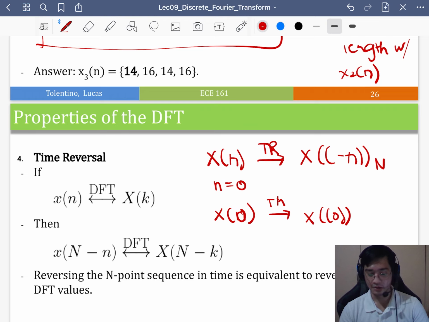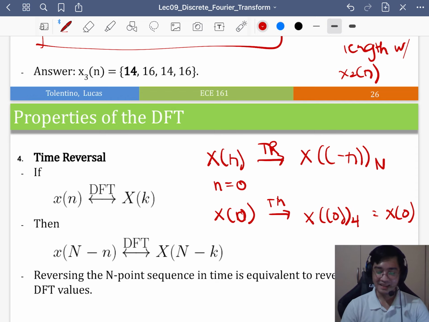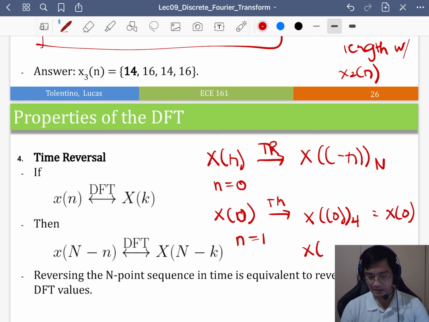Let's say N is 4, since we are familiar with the number 4 from the previous example. So x of 0 is the original. What if n is equal to 1? What is x of negative 1 modulo 4? This is equal to x of 3, because negative 1 modulo 4 is equal to 3.